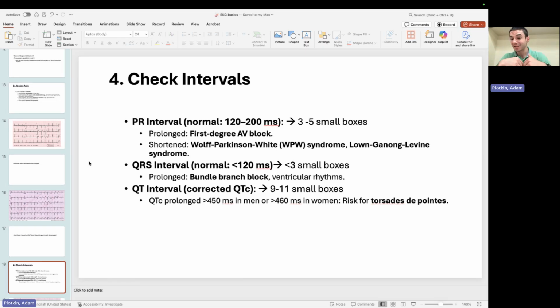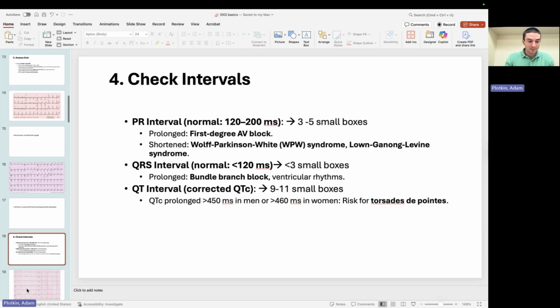Maybe it's starting at or below the level of the bundle of His. It's just not going in the normal pattern. And so by not going in the normal pattern, we're not following the really fast conduction to get that really nice ventricular depolarization. We're following kind of an aberrant pathway, right? And so that aberrant pathway is going to really slow things down, and that ventricular depolarization is going to be really slow, and you're going to get a nice wide QRS, okay?